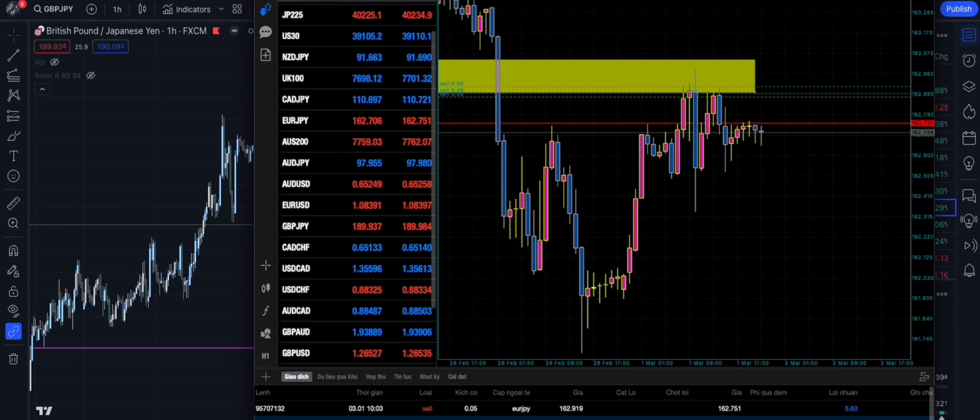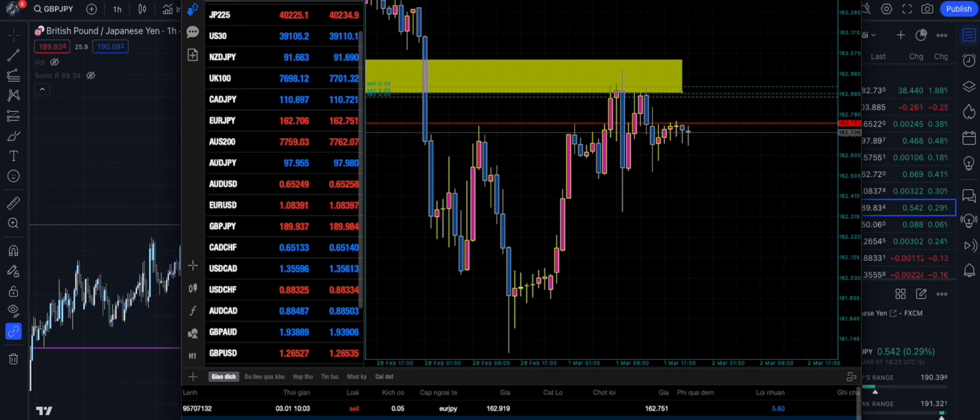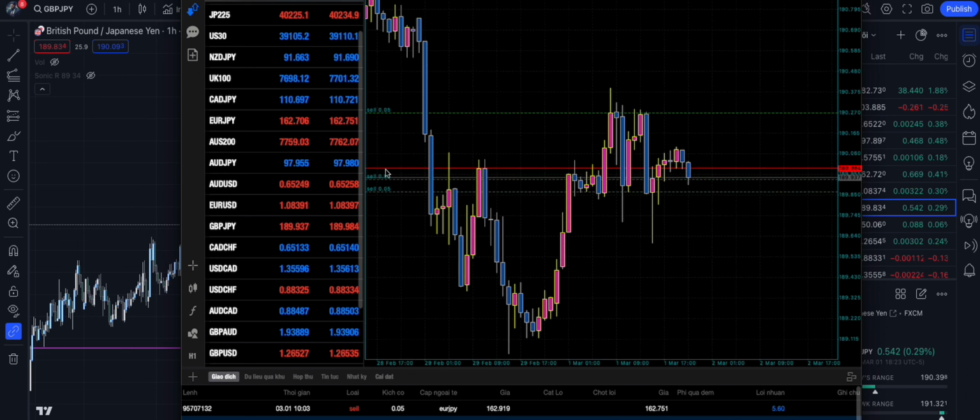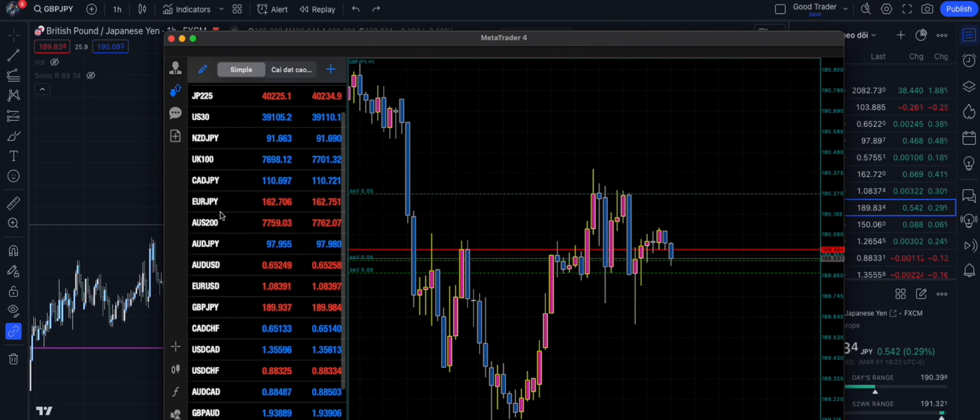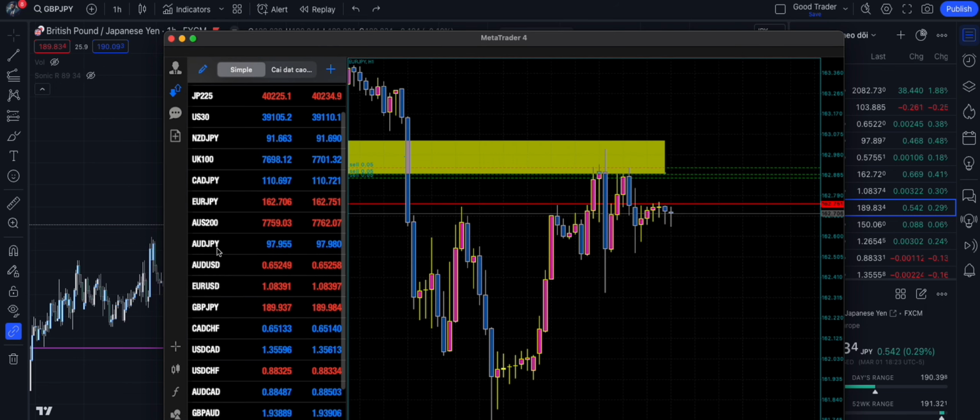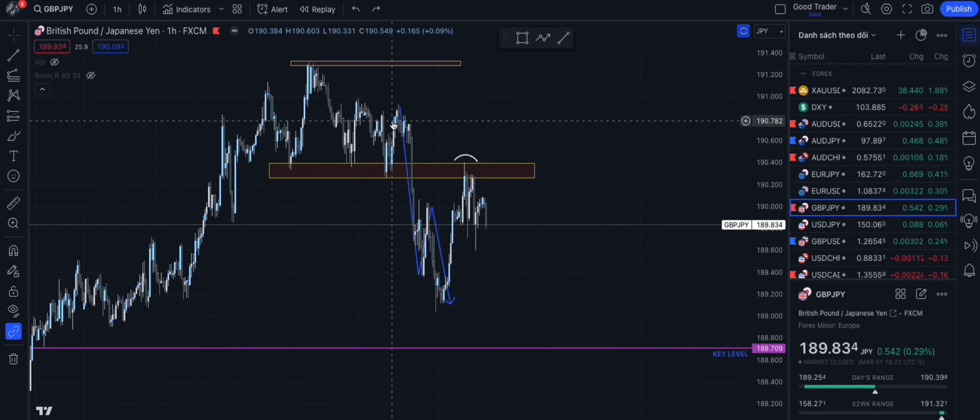So on my side, I have entered the position from last week on the euro and also the pound yen, and the euro. So let's let the market do the work. Put our stop loss tight and pray for the best. Thank you.